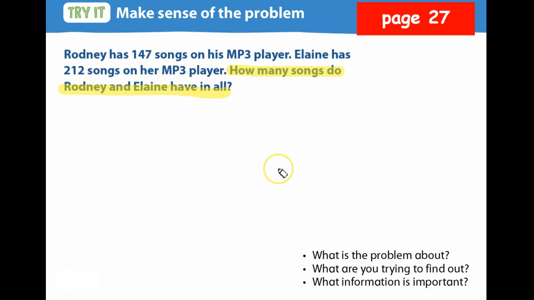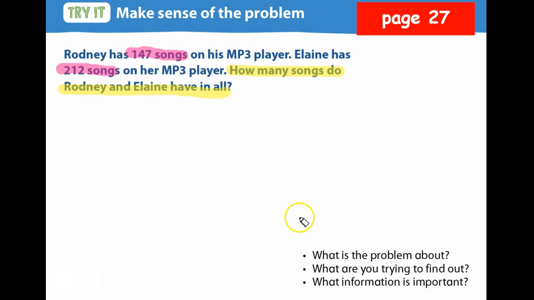Well, look at the problem. How many? Okay, but how many? So, what am I going to do? You need to know how many songs they have. So I'm going to need 147 songs, and what else am I going to need? 212.